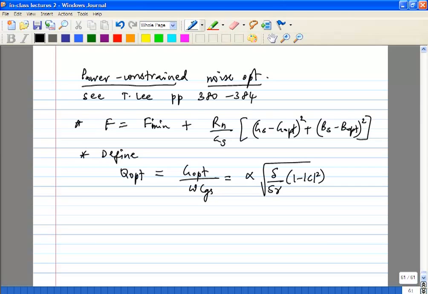So don't worry too much about the derivation for now, we just want the final result.